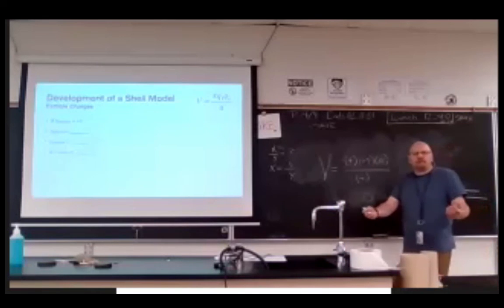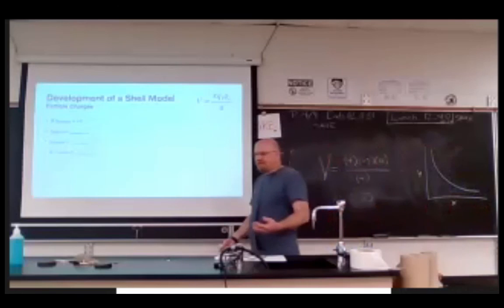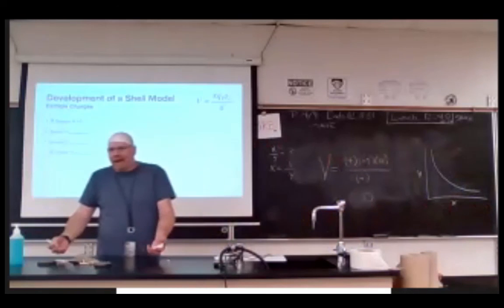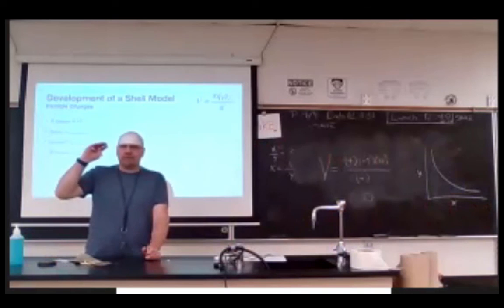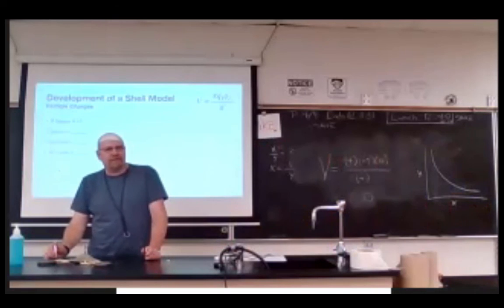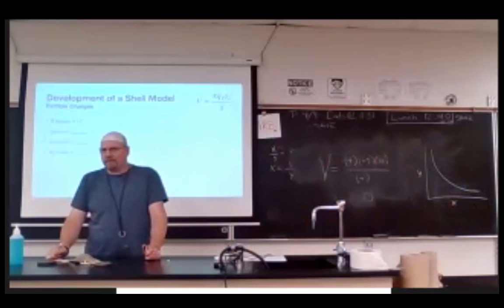Which means there is no attraction. There is no repulsion. So how in the world do you detect something that has no charge? I don't know. I didn't go to school long enough to find out. That's physics, people.